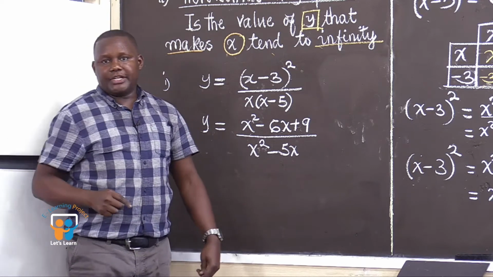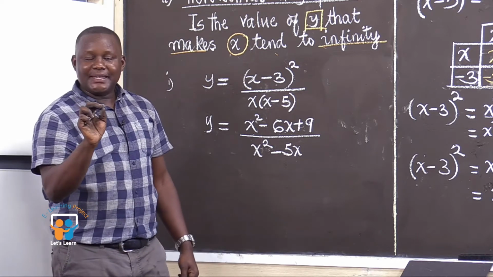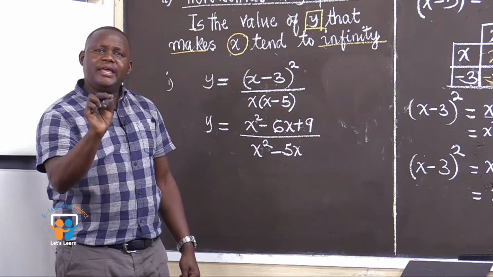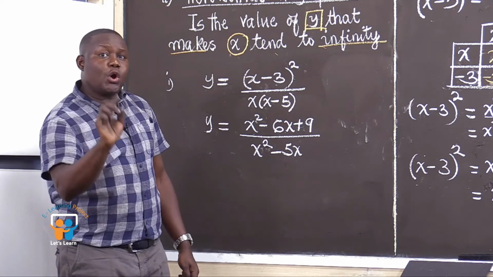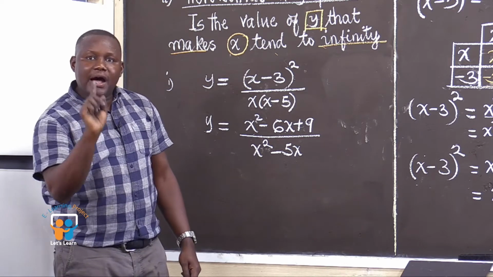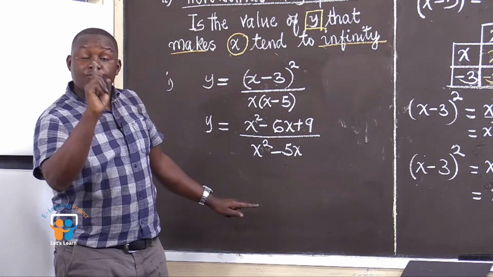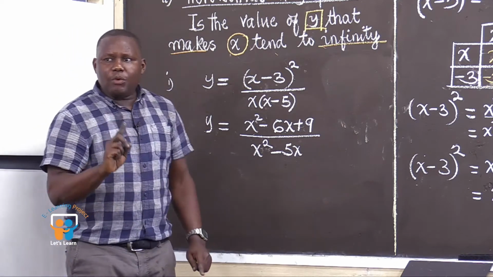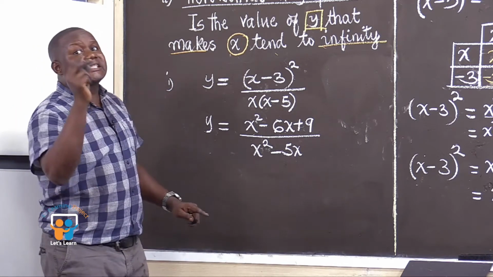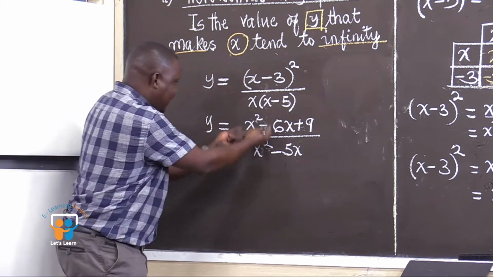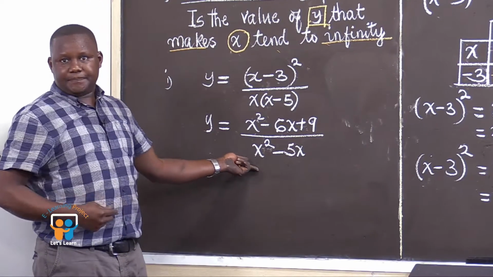Now let me stand straight and tell you something. So many candidates fail to find the horizontal asymptote because they confuse this area with partial fractions. When we go into partial fractions, we normally say that when the degrees are the same or equal, we would consider it an improper fraction.